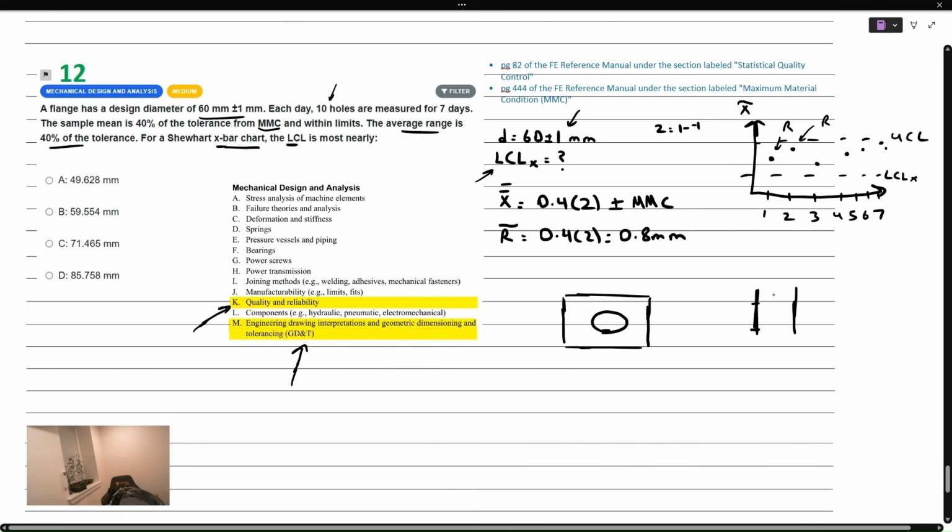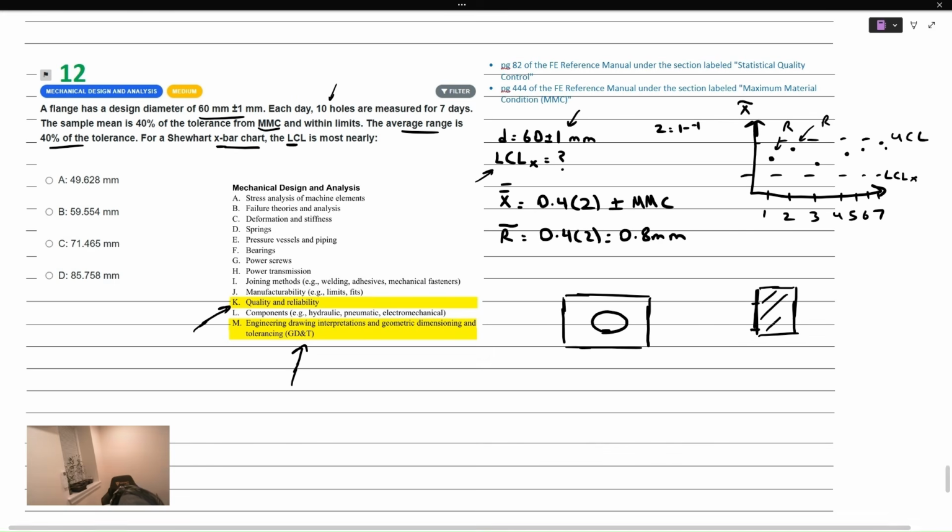Now, if we had a cylinder, the maximum material condition, or the most amount of material that could be used, is 60 plus 1, or 61 millimeters. And that makes sense, right? The cylinder is as large as possible. The most amount of material is used for that cylinder.